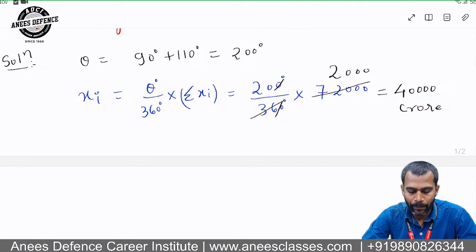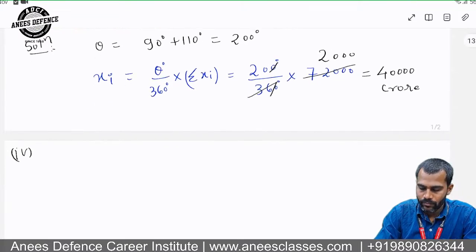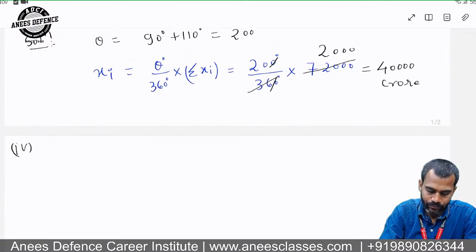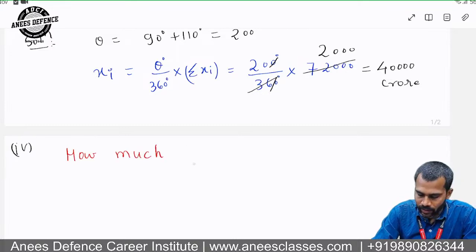The final one, the fourth question. The question is how much excess money, again in crore, is allocated to miscellaneous over education. What is the meaning of excess? Extra.